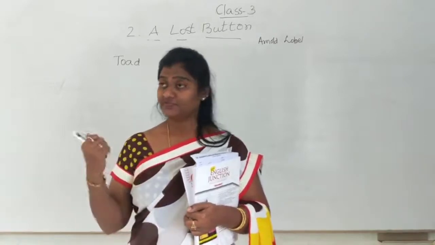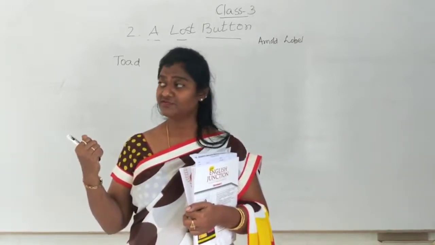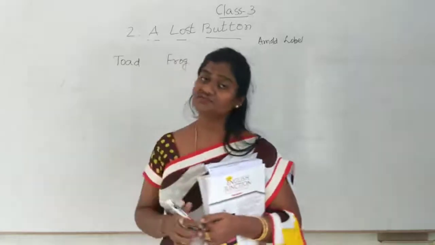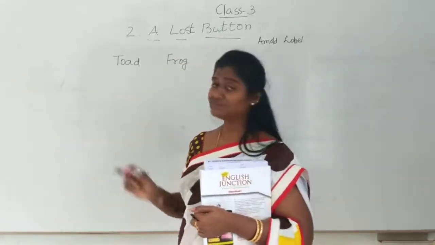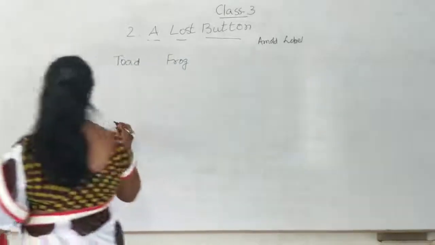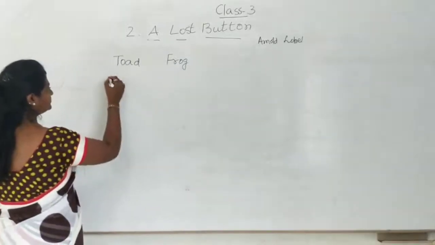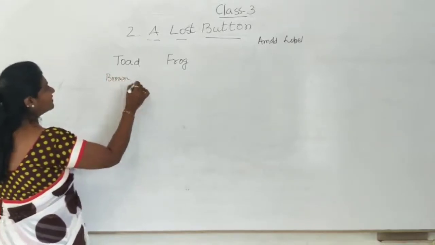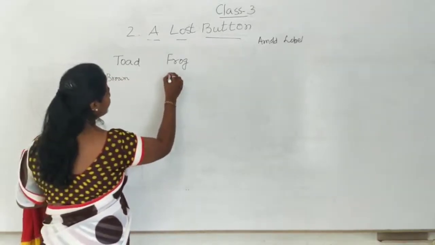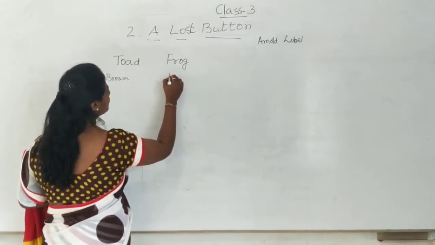So, and what are the differences? Now we will go into the differences with the frog and the toad. What are the differences that we notice between a frog and a toad? A toad is usually brown in color. Okay, frogs are usually less brown and more of green.